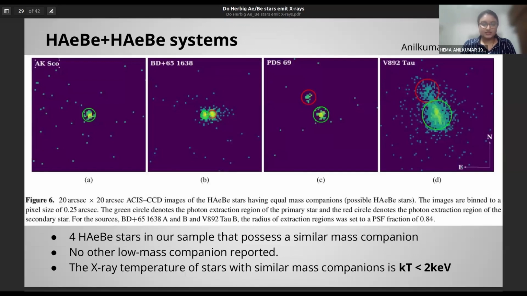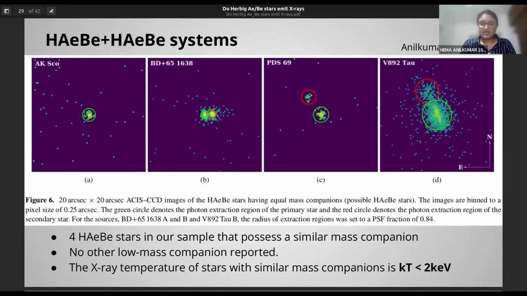AK Sco was studied using high resolution data, and it was confirmed that no other lower mass companions were present in this system. This system consists of F5 type stars. Both the stars are of the same spectral type and almost similar masses, while the other three stars are less studied, only that both the stars are of B type.